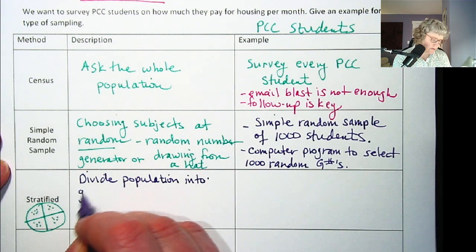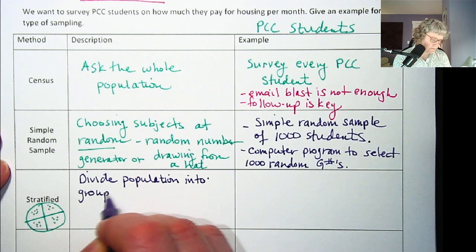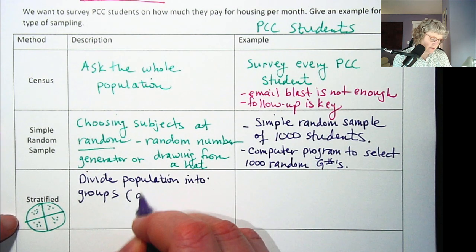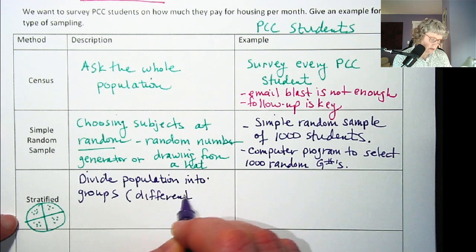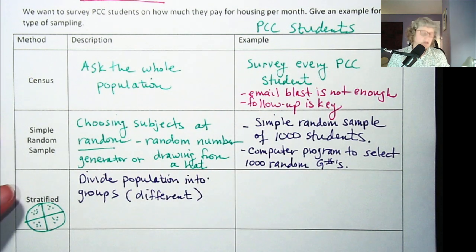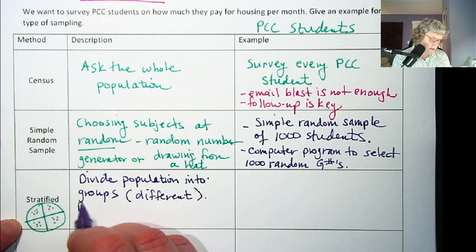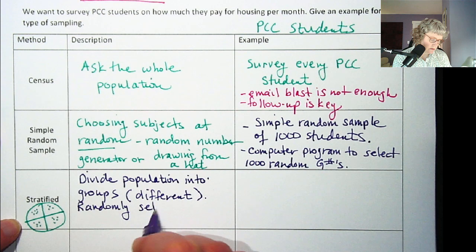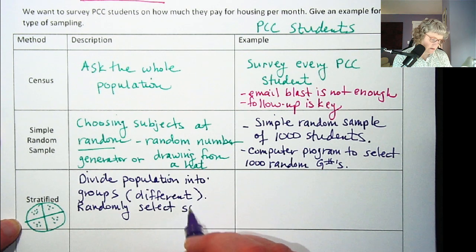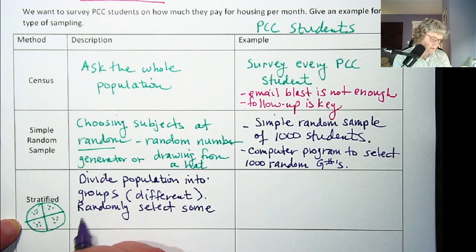These are usually different groups, meaning they're more different from each other than similar to each other. And then we randomly select some from each group.